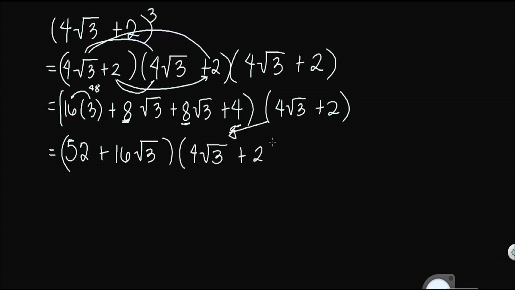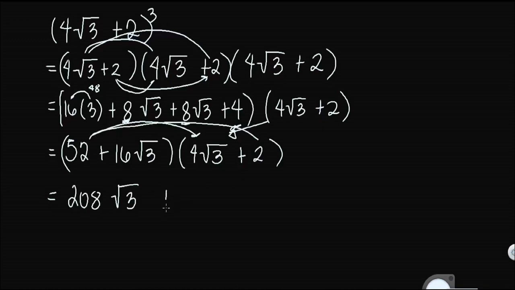Okay? Then, we apply once again the FOIL method. For the first term, 52 times 4 square root of 3, we have 208 square root of 3. Outer term, 52 times 2, that is 104. 16 square root of 3 times 4 square root of 3, we have 64.